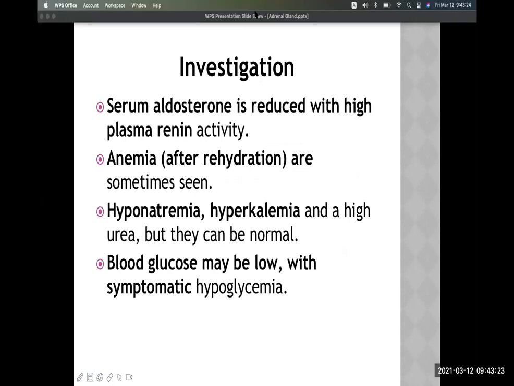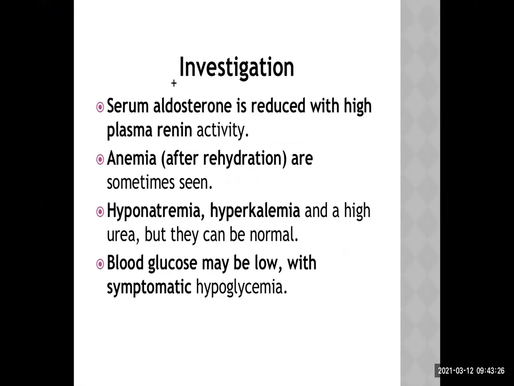What are the other investigations we like to do? See this, serum aldosterone level. We have to measure it. We already did that in the last slide. It is reduced with high plasma renin activity. Usually reduced, but not always. In primary hypoadrenalism, all three hormones are decreased.